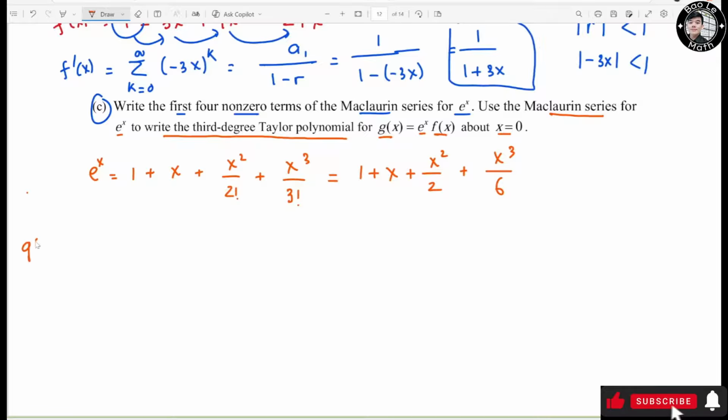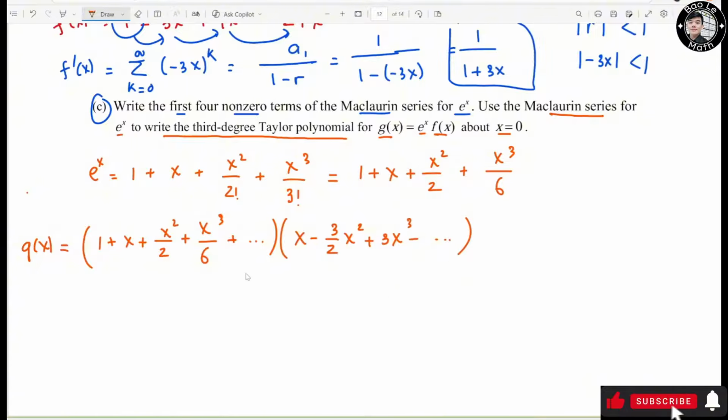So we have g of s equals e to the s, which means 1 plus s plus s squared over 2 plus s cubed over 6 plus etc. times f of s, which means s minus 3 over 2 s squared plus 3s cubed subtract etc. So we just multiply this one out, right?